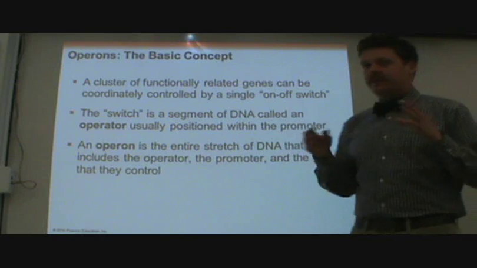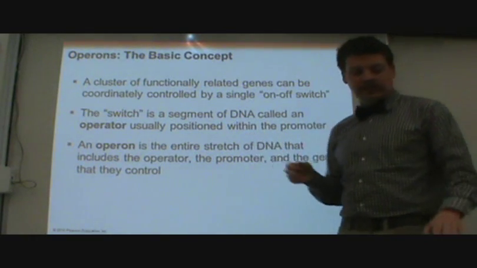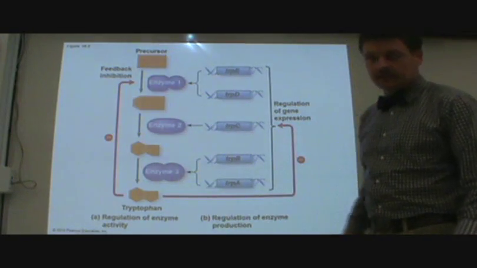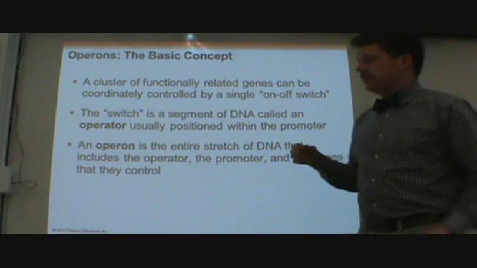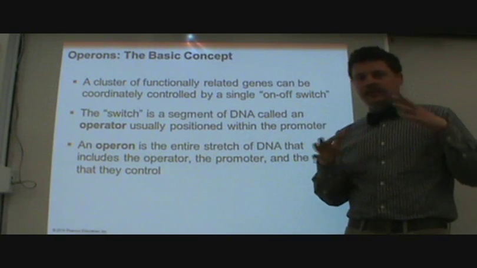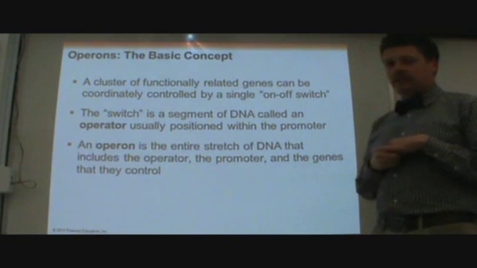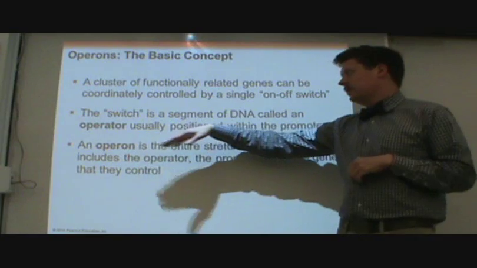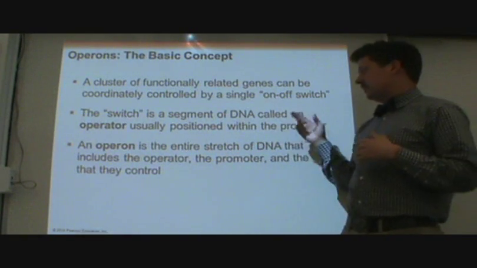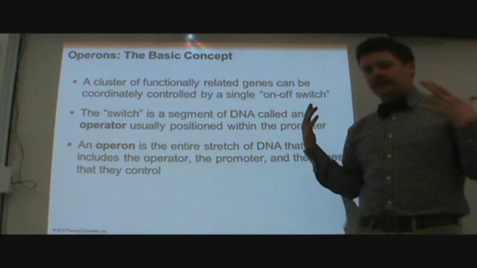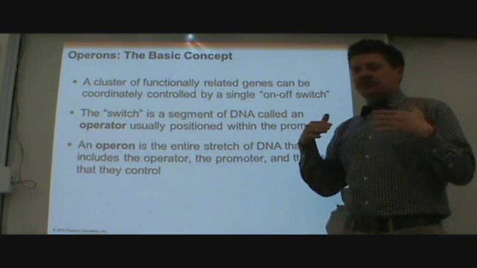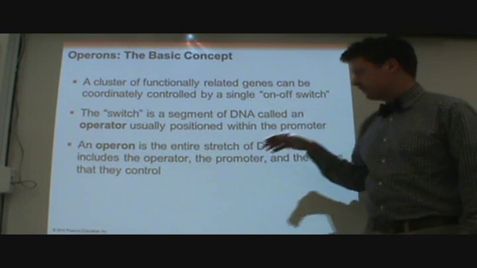If you have a bunch of genes that are closely related, like the genes that would encode for these 3 enzymes, those can be controlled all together by a type of switch, which is referred to as an operator. That's a segment of DNA that can essentially turn off the expression of those genes.